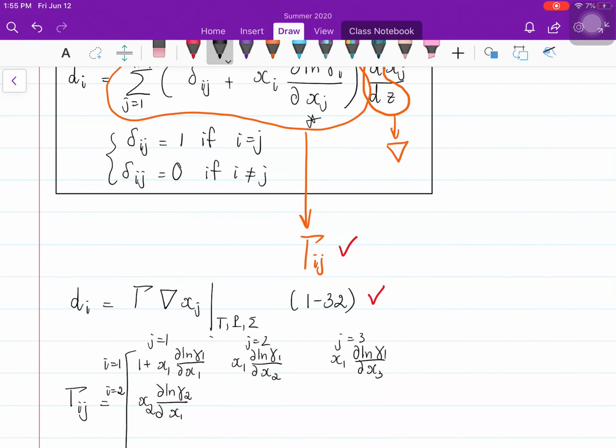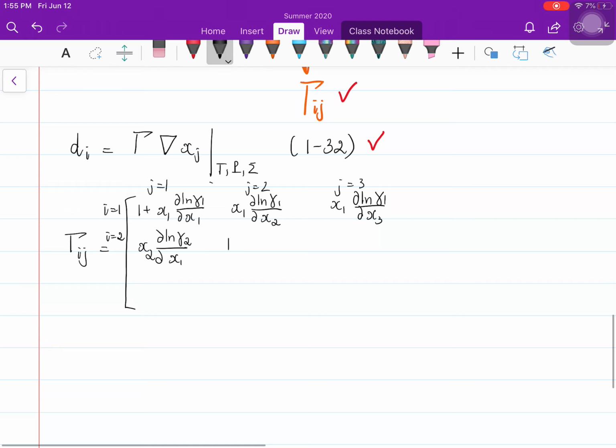Then next we have i equal to 2, j equal to 2, so we have 1 plus x2 dln gamma 2 over dx2. Similarly, we will have the last item on the second row as x2 dln gamma 2 over dx3.